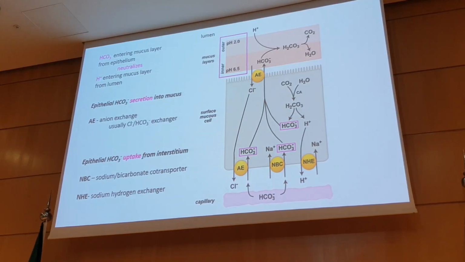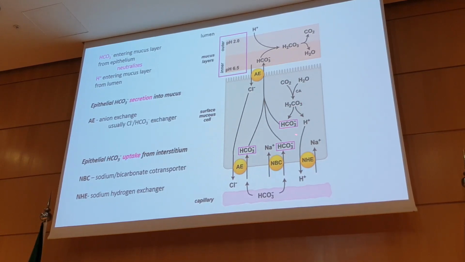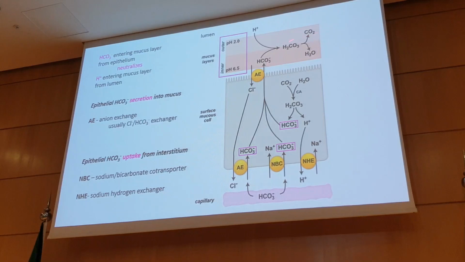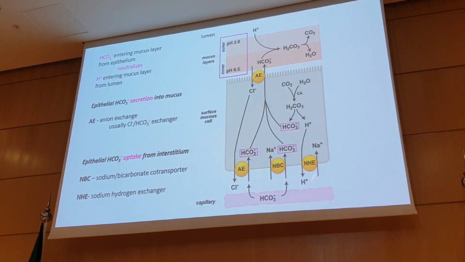This is the way they do it. And see, this is bicarb coming into the cell, sodium co-transport, bicarb again, right? And you have this equation going on, bicarb again. Now, all this bicarb is put into here, okay? We'll come back to this issue a little bit later. And this serves as a housekeeper. Remember in a parietal cell when you're making acid, you're pushing the protons out of the cell, the acid.